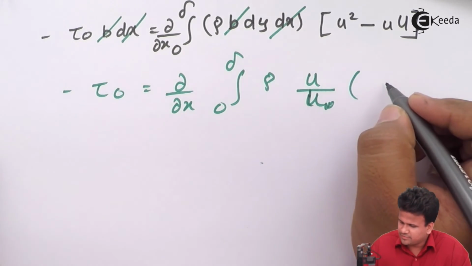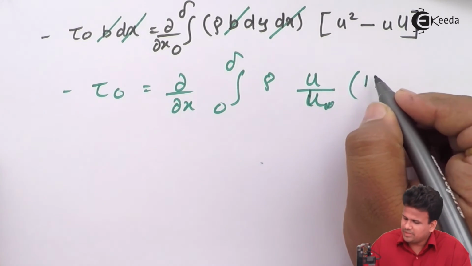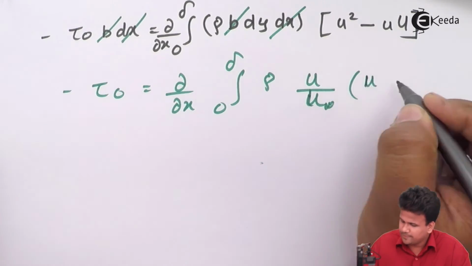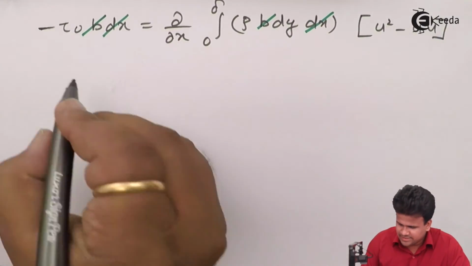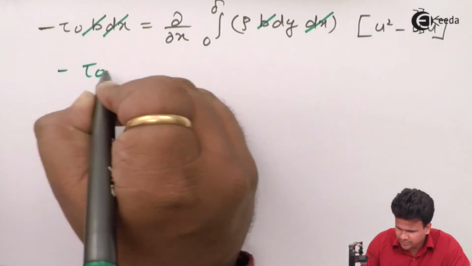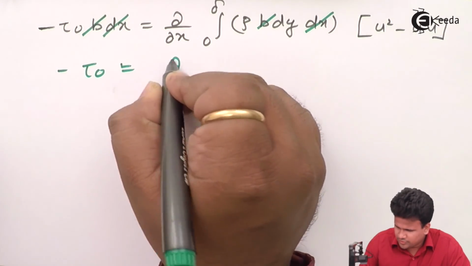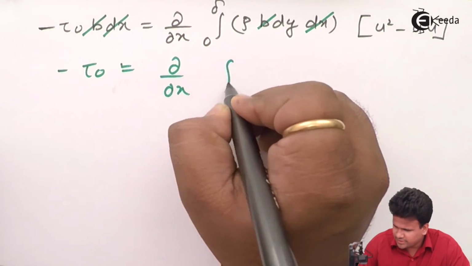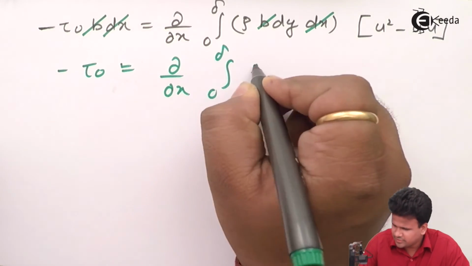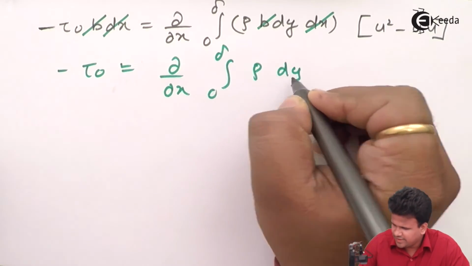So this will be equal to 1, this will be equal to u. So this can be written as minus tau is equal to dou by dou x into integral 0 to delta rho into dy.